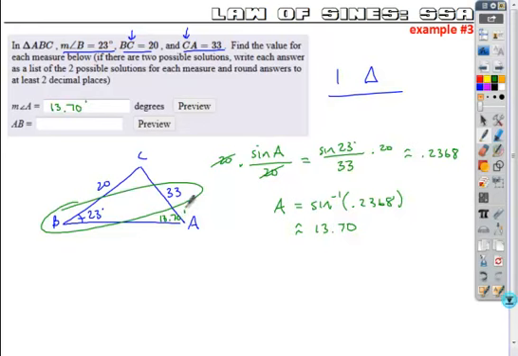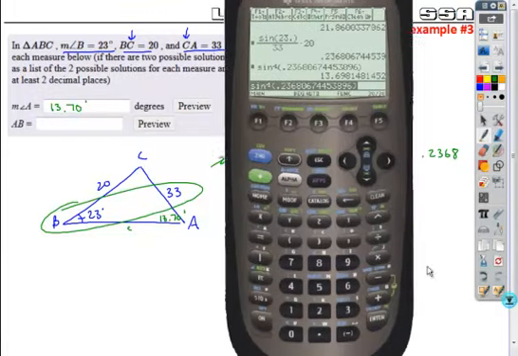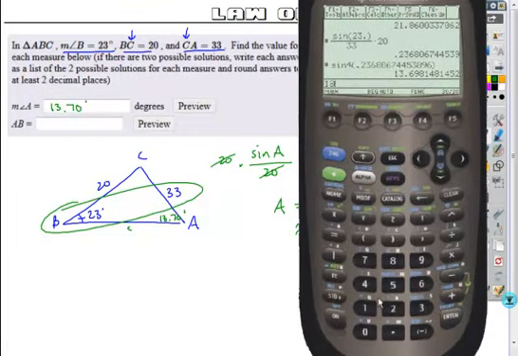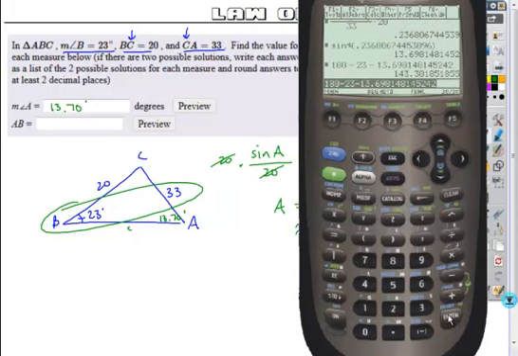Now, in order to find side AB, which is also lowercase c, I need to know what angle C is, so I'm going to do the same thing we did with the other law of sines problems. Take 180 minus the two known angles, 23 minus the angle I just calculated, 13.7.